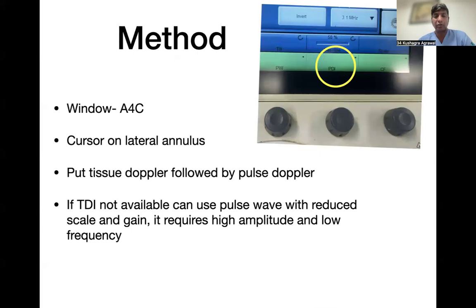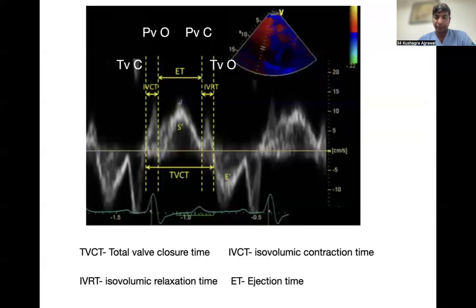We turn on tissue Doppler and pulse Doppler both. When your machine does not have this, your software is not updated and TDI is not available, we can use pulse wave with the lower scale and lower gain, because very low frequency is required.